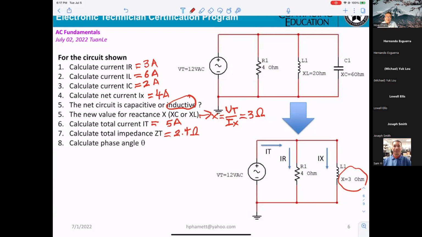Z total equals V total divided by I total. And what is the phase angle?